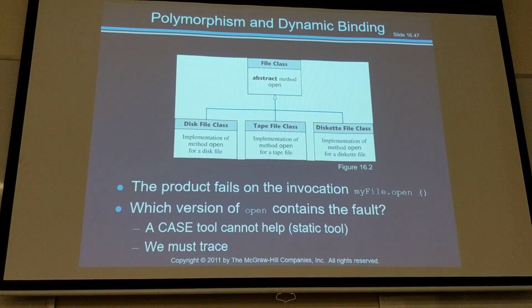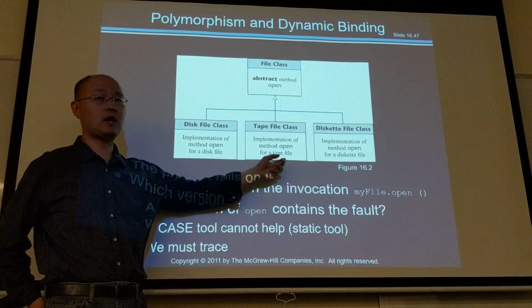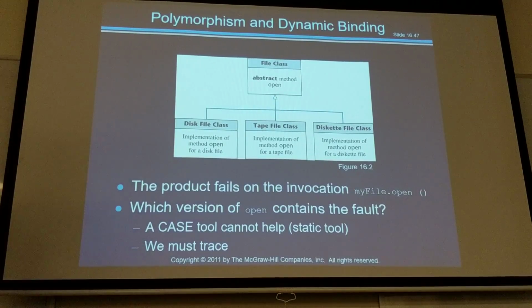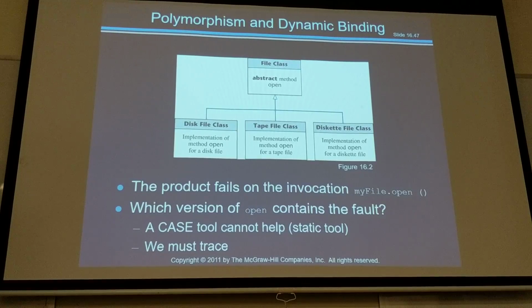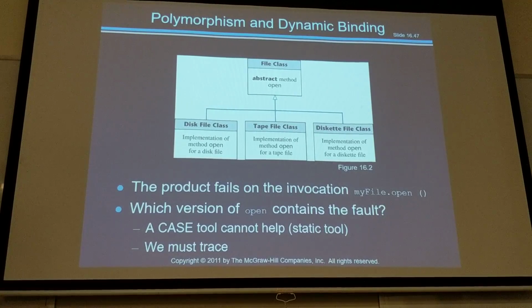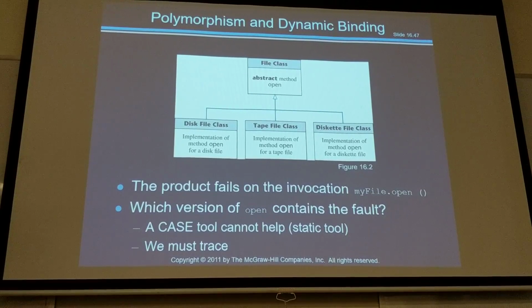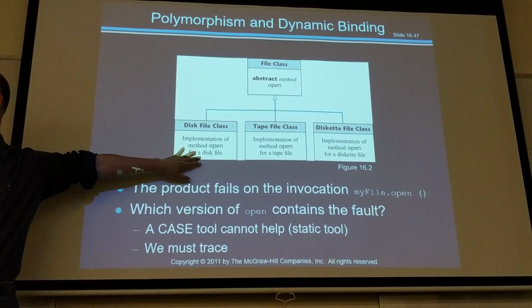And also, with polymorphism and dynamic binding, you really need to figure out which function got called, right? First, you have to trace and find which function you call. Otherwise, as I mentioned, you may be fixing the wrong places. When you think this should take care of my bug, no, it's still there, because you modified the wrong implementation.